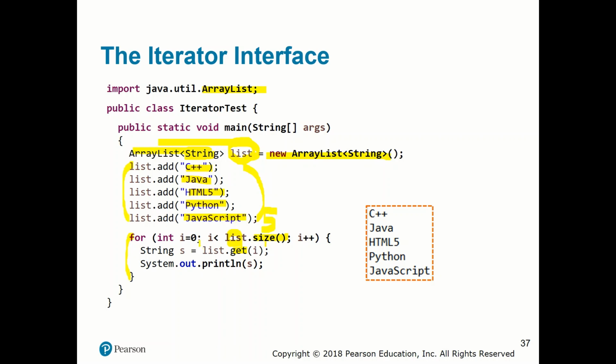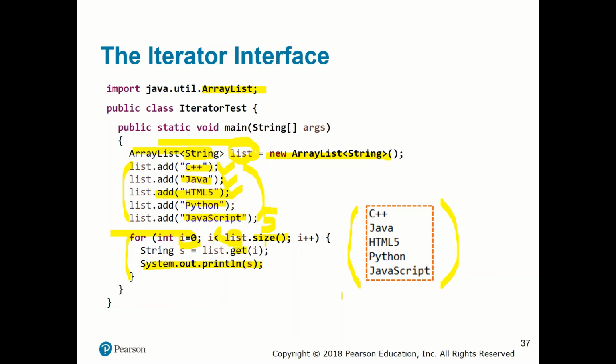So from 0 to 4, because this is less than, list.get(i). Get 0 will get C++. Get 1 will get Java. Get 2 will get HTML5. Okay? So after getting each item, print it out. So this is the output.